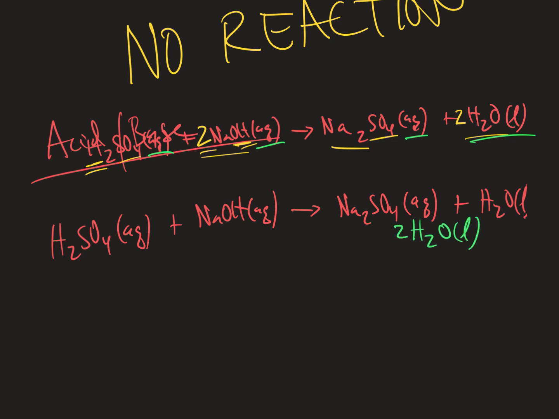Don't forget I have 2 of them. How do I get H2O? What ions am I going to pull? Hydrogen and hydroxide. 2 hydrogens and 2 hydroxides.